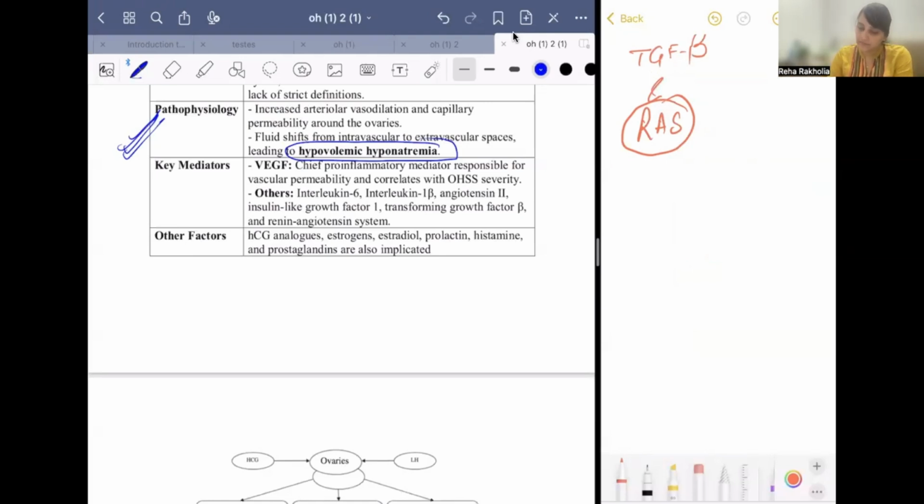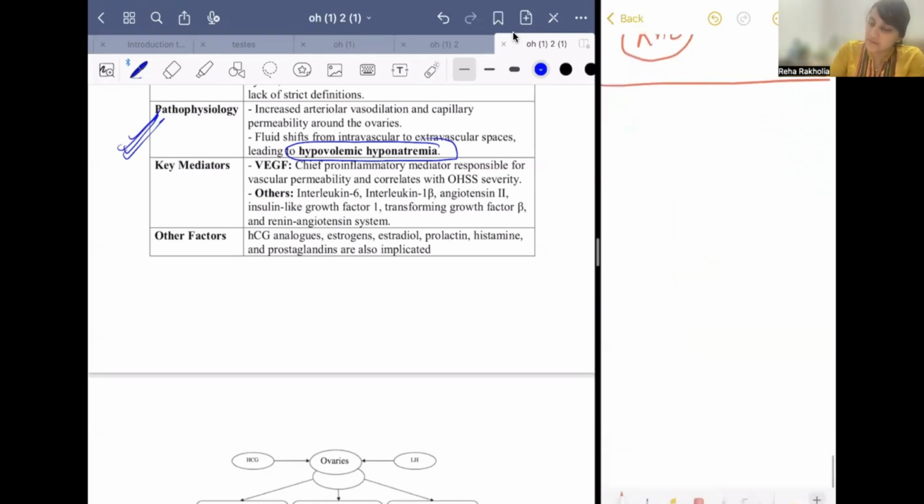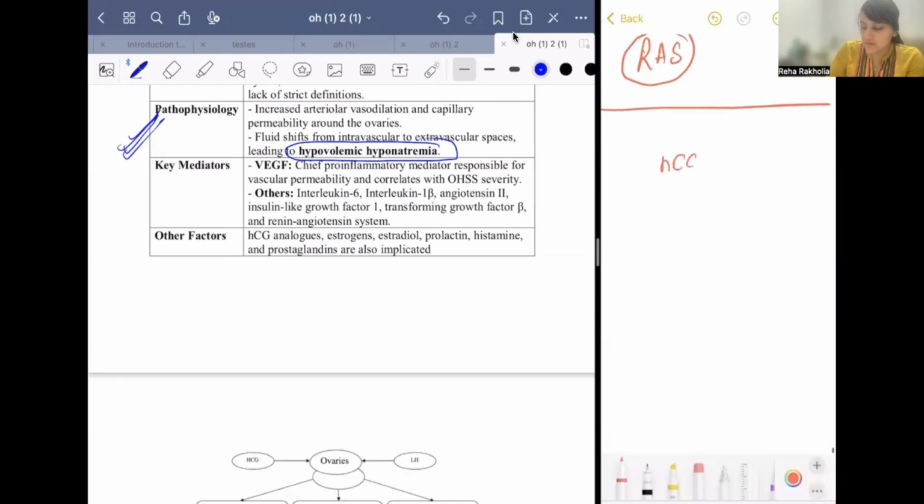Now, additional factors involved in OHSS: apart from these mediators, certain other hormones and substances are also implicated. These include HCG analogs, meaning any synthetic form of HCG used in treatment.